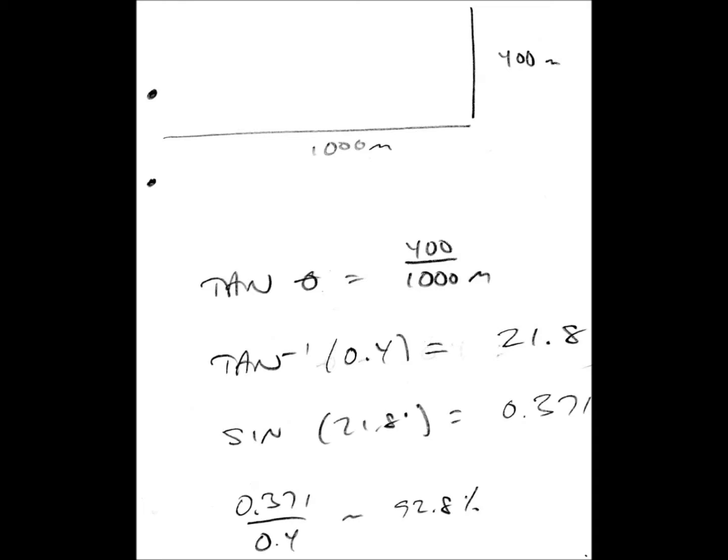And comparing the sine of angle theta, 0.371, with the tan of angle theta, 0.4, gives me a discrepancy of about 7.2%. I don't know about you, but I'm not very comfortable giving away 7.2% right off the bat for my analysis, so I'm going to first do this without using the small angle approximation, and then show you the difference with using the small angle approximation.